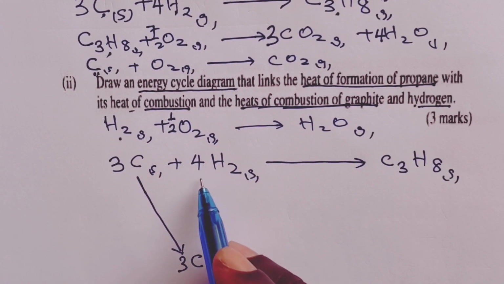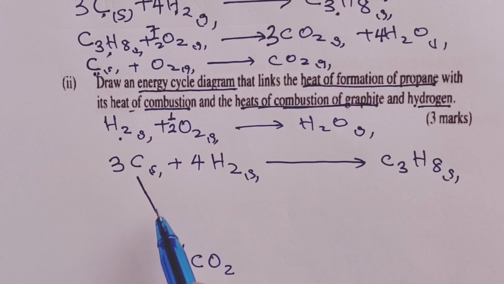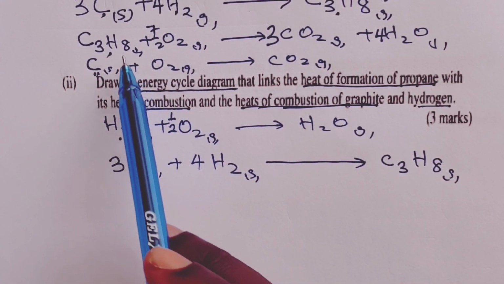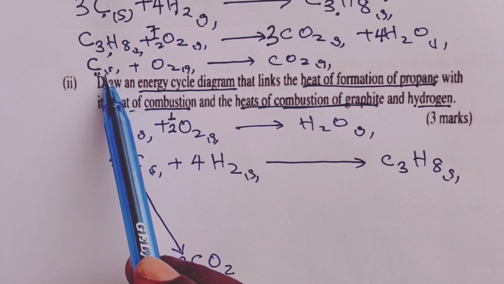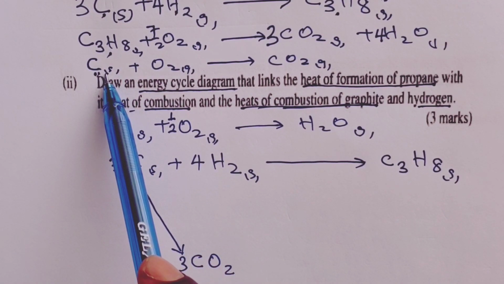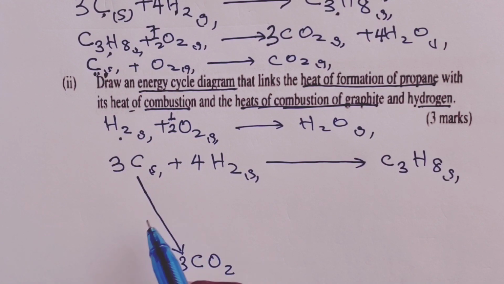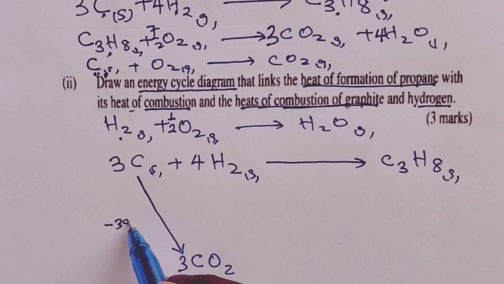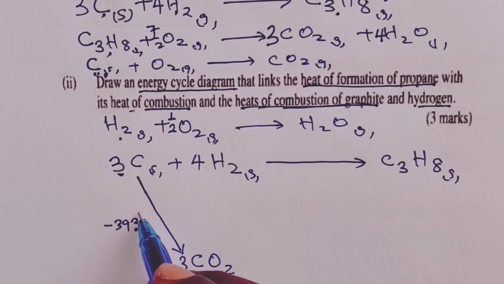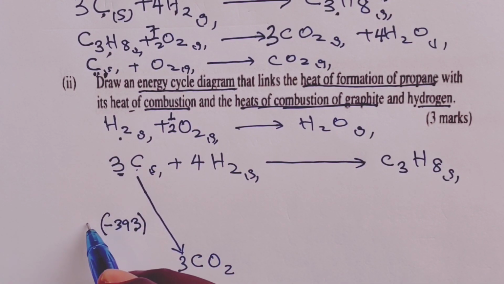Before we move to the next part, we need to take note that equation 3, as indicated in the values, enthalpy of combustion of carbon is negative 393 kilojoules. This is when we burn only 1 mole. Here we are burning 3. So the amount of heat involved here will now be negative 393 multiplied by 3.